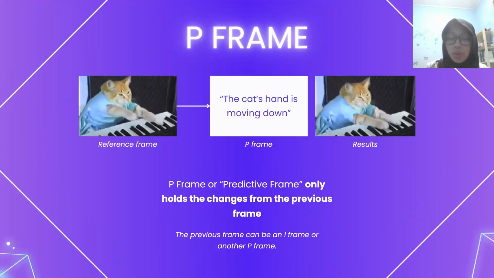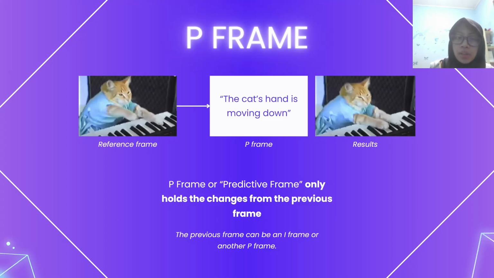And the next one, we have the P-frame. The P-frame, or predictive frame, only holds the changes from the previous frame. So remember that we have an I-frame. The P-frame only stores the difference between the previous frame, which can be an I-frame or another P-frame, and the next frame.